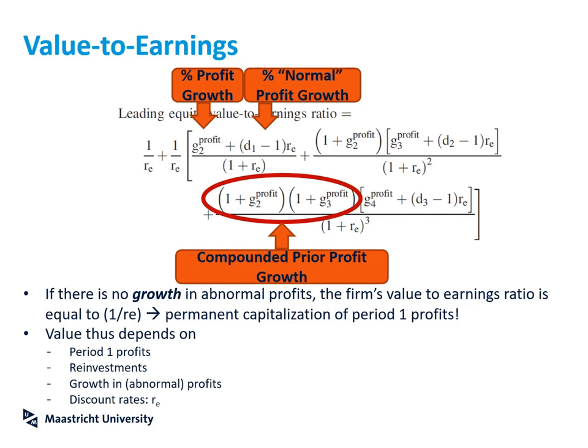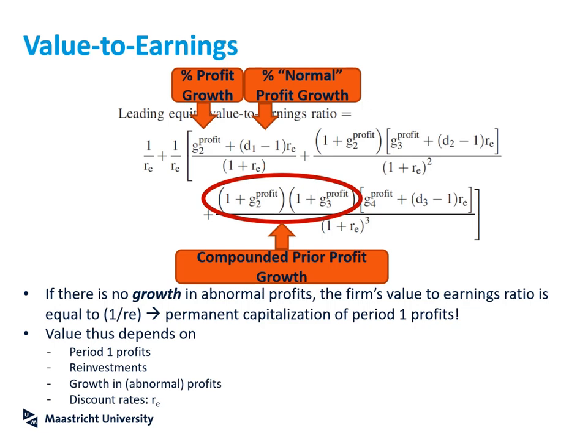Just like with the book value, where we said that the abnormal profits were earned on a book value that has grown over time, we do the same here. Profit growth in year 4 is generated on profits that have grown over the previous years, and that's what we take into account here with this compounded profit growth.